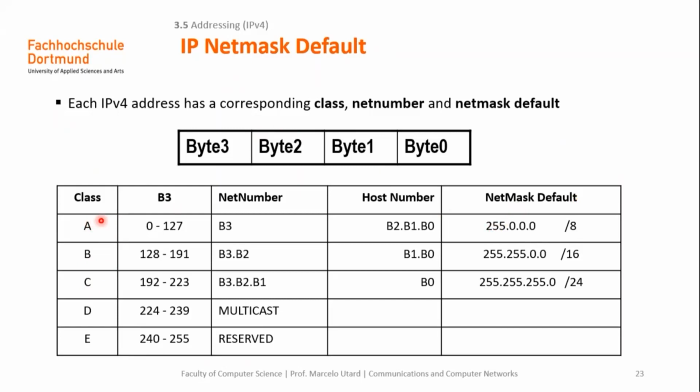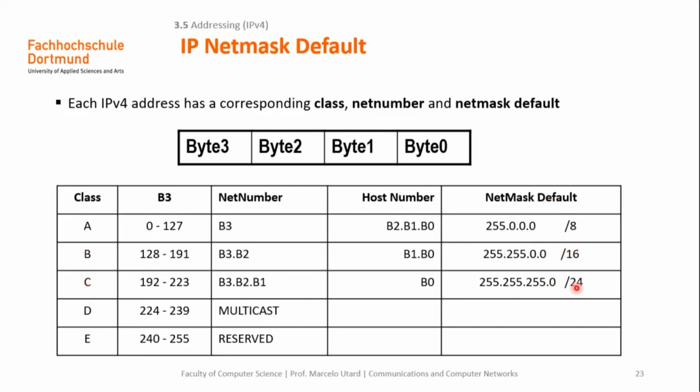If the interface has an IP address of class A, the default netmask is /8. If the IP address assigned to an interface is a class B address, we could assign a default netmask of 16, that is /16. And in the case of any address of class C, the default netmask is /24.